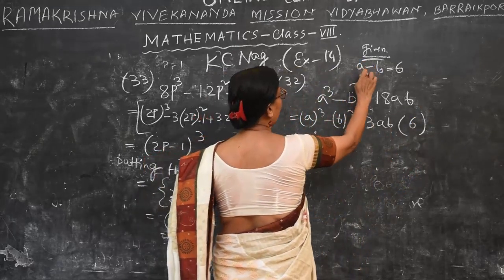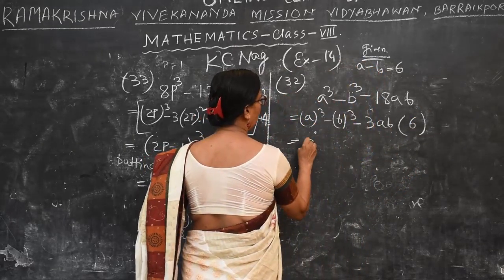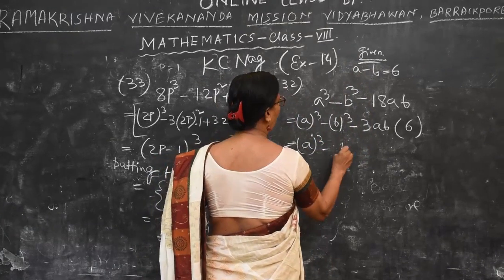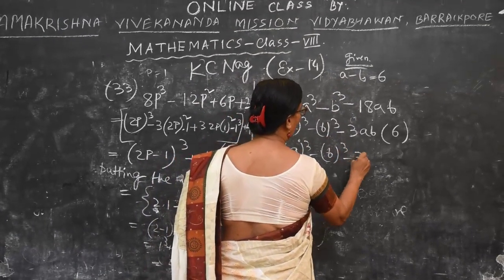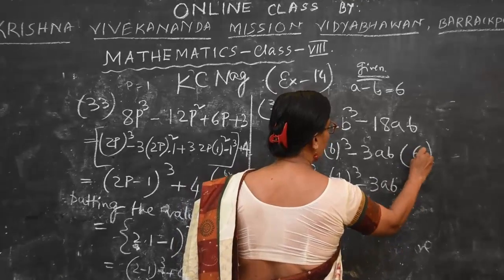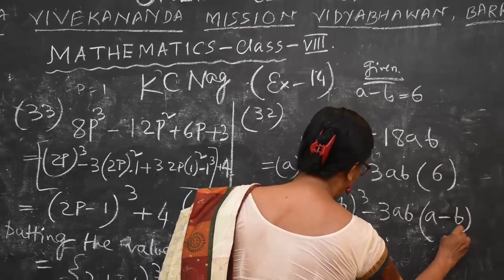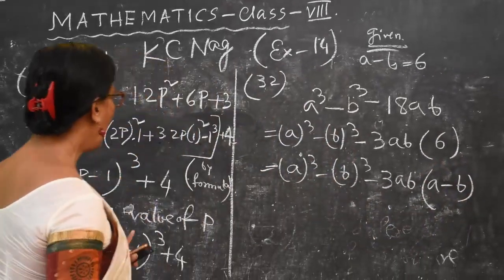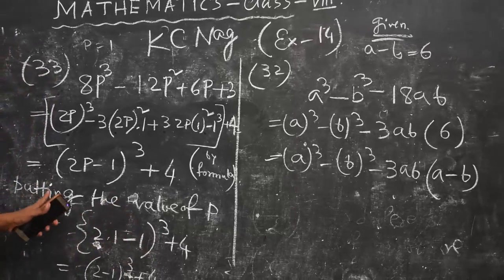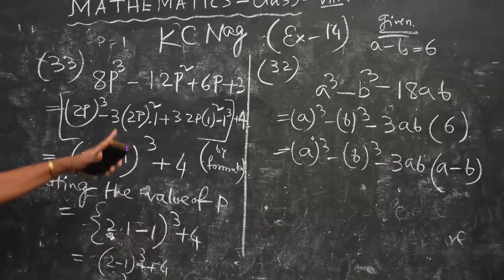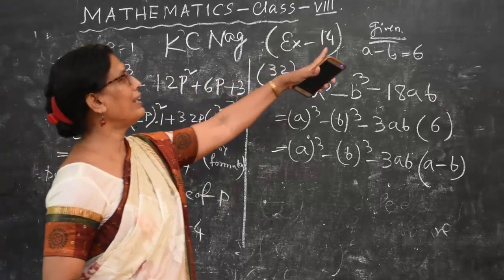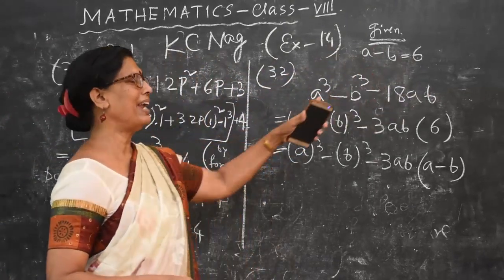Now see, the given is 6 is a minus b. So a cube minus b cube minus 3ab, we replace 6 by a minus b. So here we put in the value of p as 1, and there we put in the 6 as a minus b.